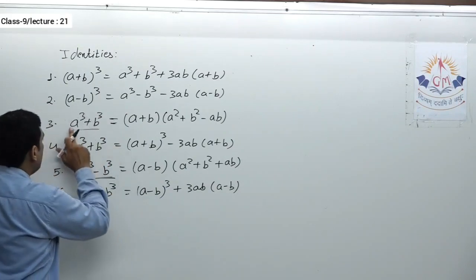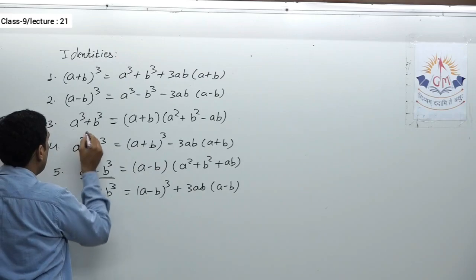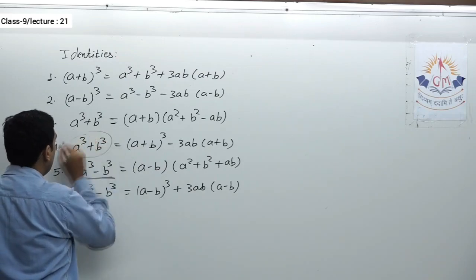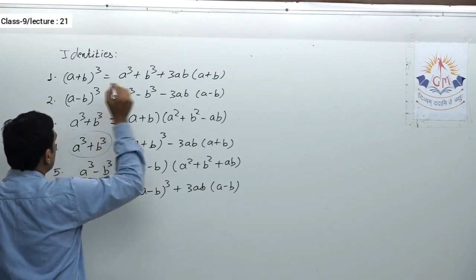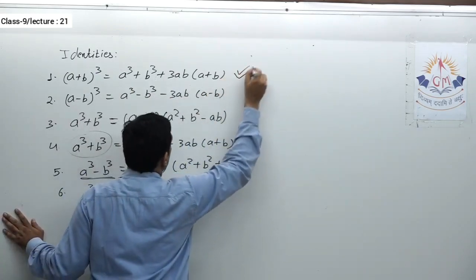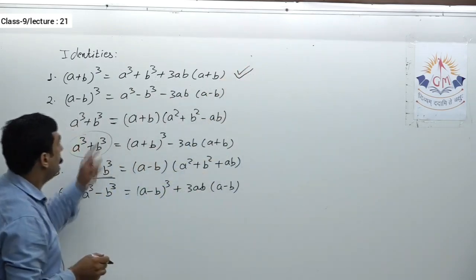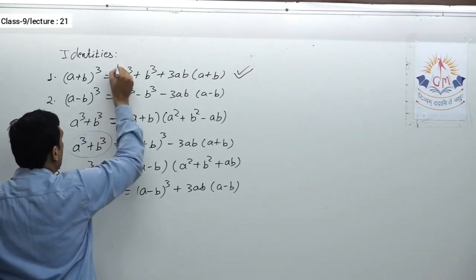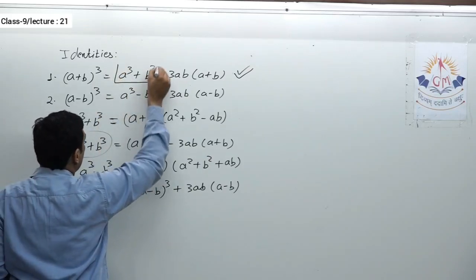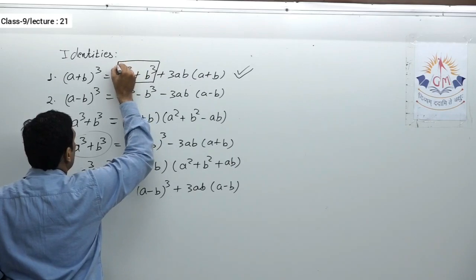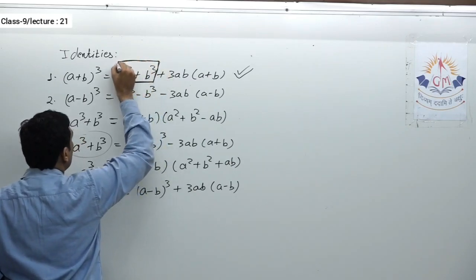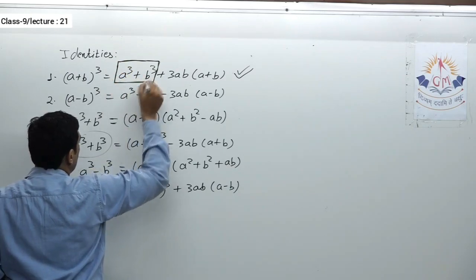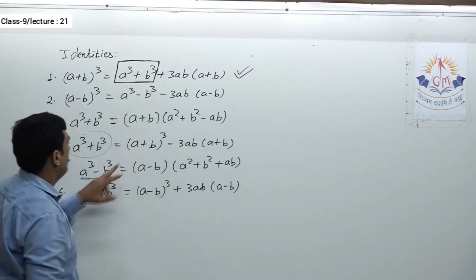Now we'll come to the identity of a cube plus b cube, the second identity. See, actually I obtained this identity using this one only. From this identity, if I make this the subject of the formula, that means if I write a cube plus b cube with respect to the remaining terms, I do get this, isn't it?